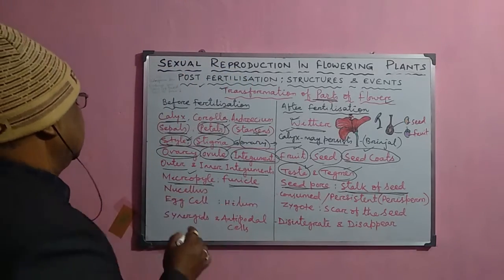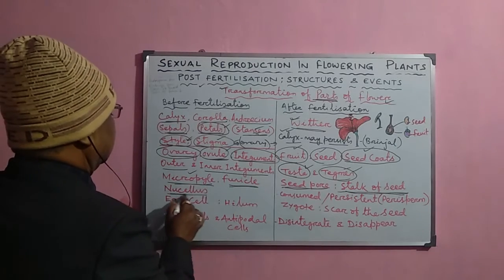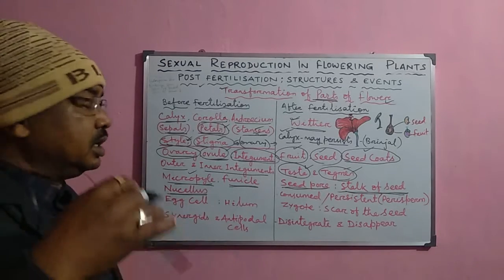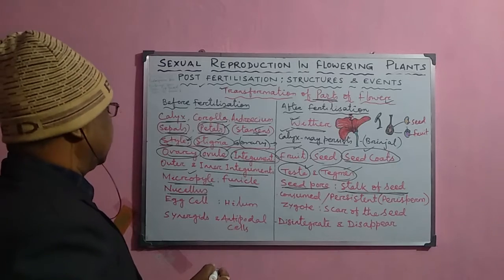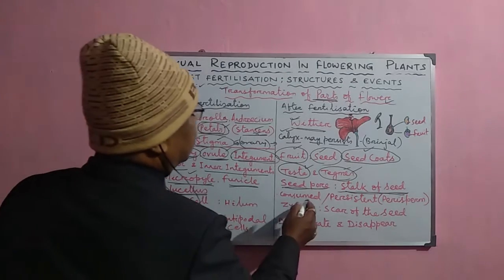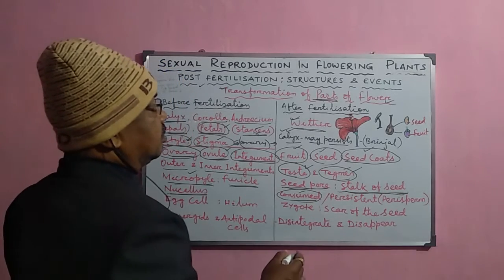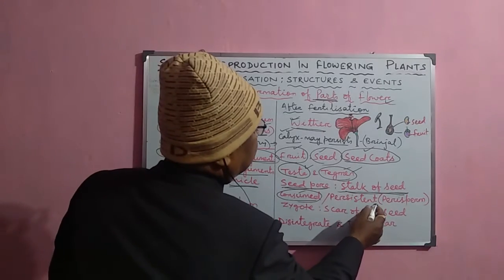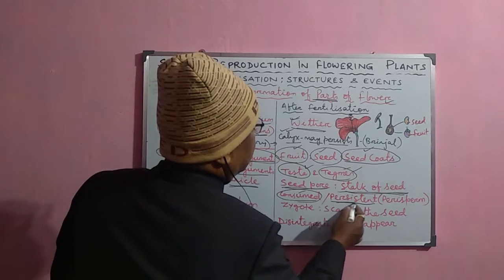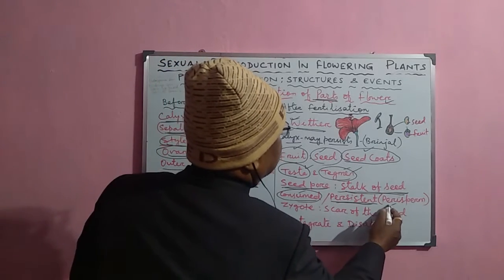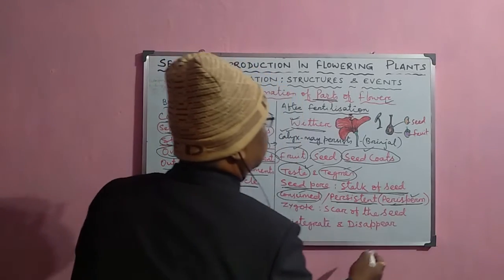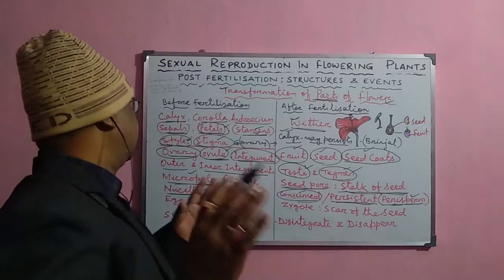Then the nucellus layer of the ovule, which is present inside the ovule, is sometimes consumed totally by the developing embryo, but sometimes it is persistent as the perisperm. When the nucellus layer is persistent, it is called the perisperm.